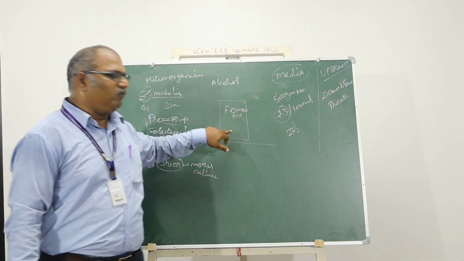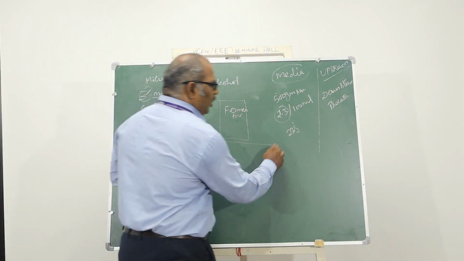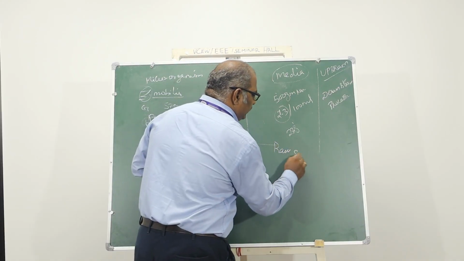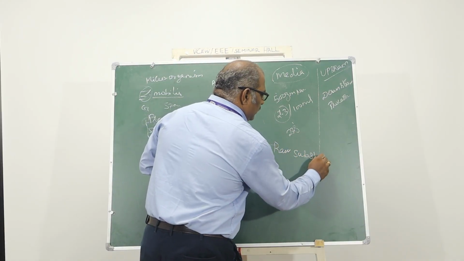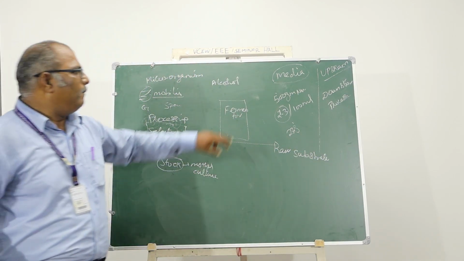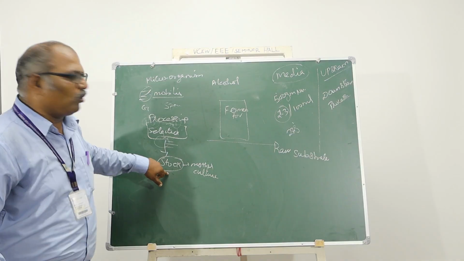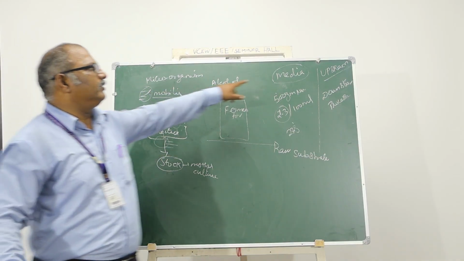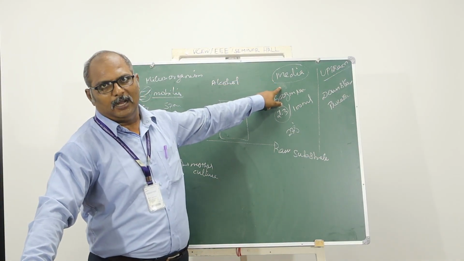So during the industrial fermentation process, we go for raw substrates, like molasses, paddy stalk, and wheat stalk. But for maintaining the stock culture and for isolation, you use the synthetic media, right?